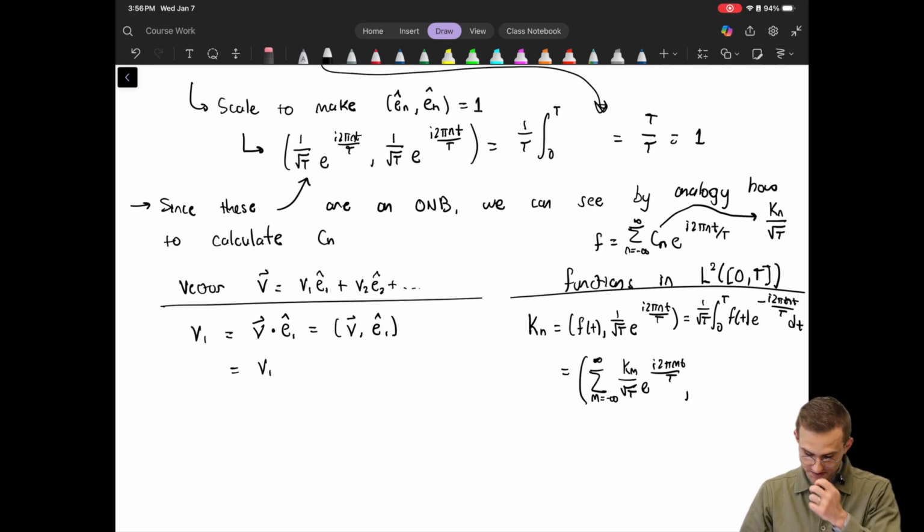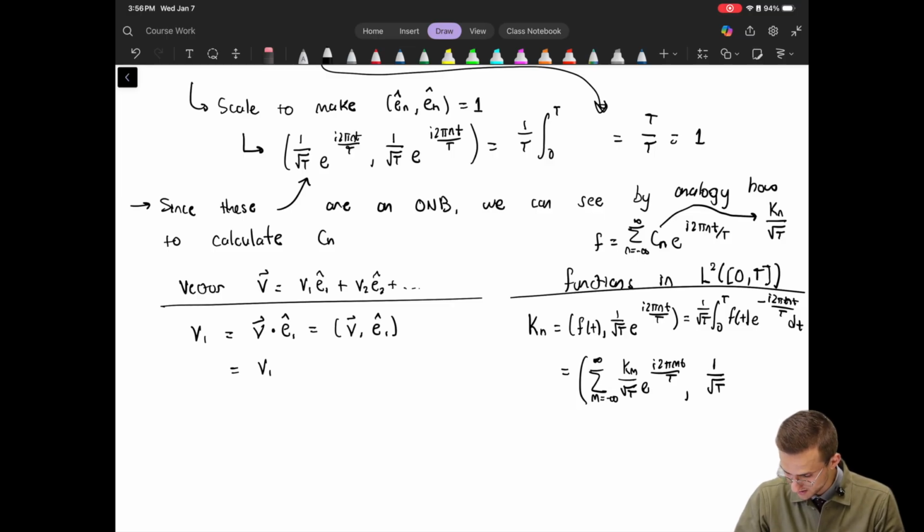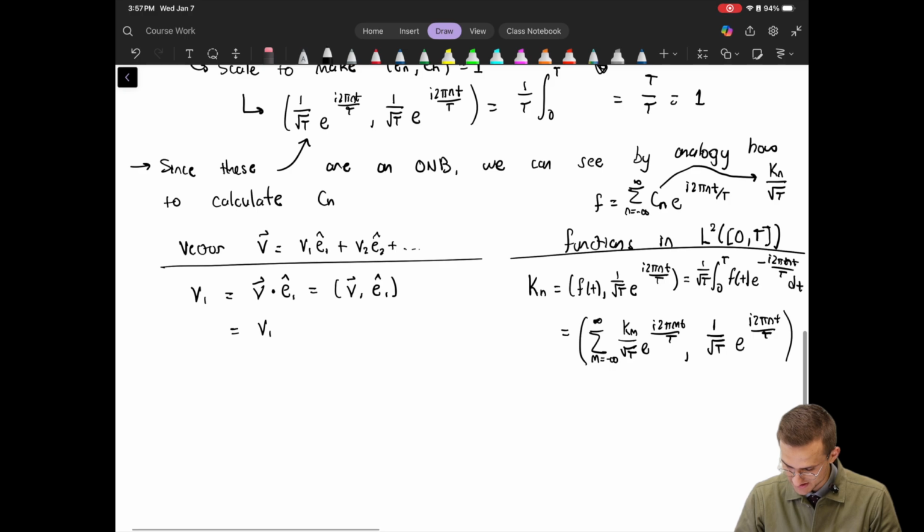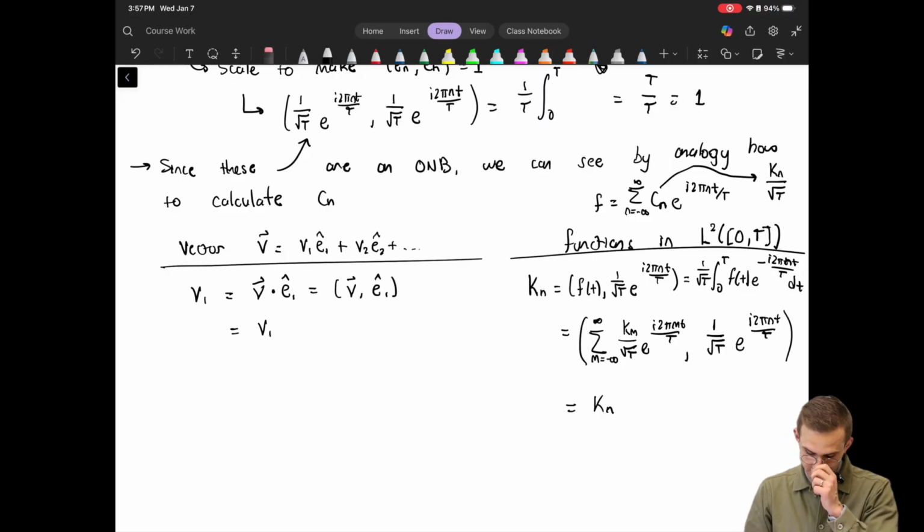That's the full series representation that we know works via Fourier, and then that's multiplied by e to the minus I 2 pi nt over t. Okay, and we know just based on this reasoning that we're lifting out one term from this infinite sum where all the rest are orthogonal. We're just going to get kn out. That's your proof that this is how you calculate kn.